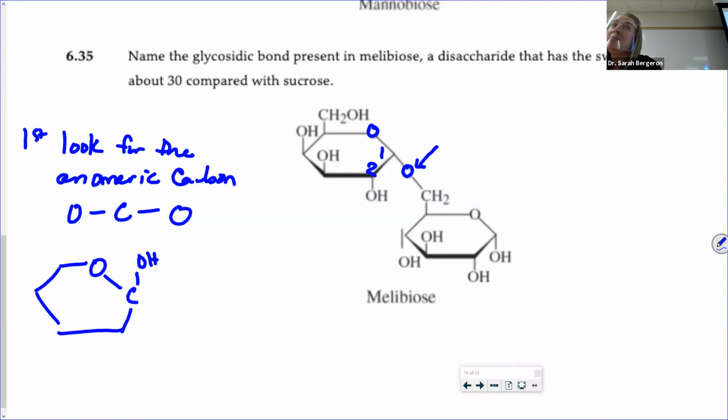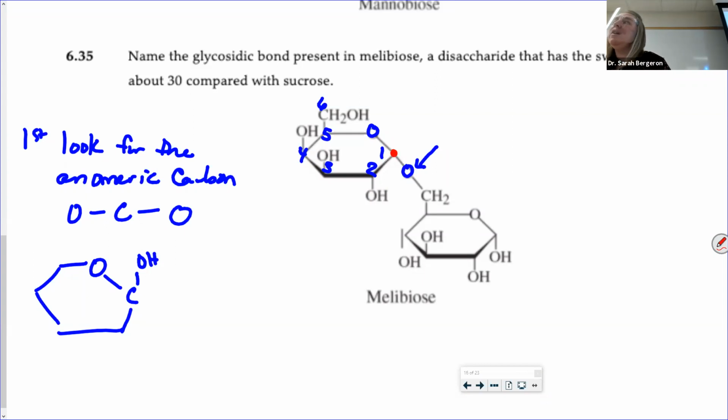Remember how when we made those rings, they were particular carbons? So you have to go away from the oxygen: 3, 4, 5, and then 6 is sticking out of the ring. 6 is always going to be out of the ring, and it's always going to be up. Always up.